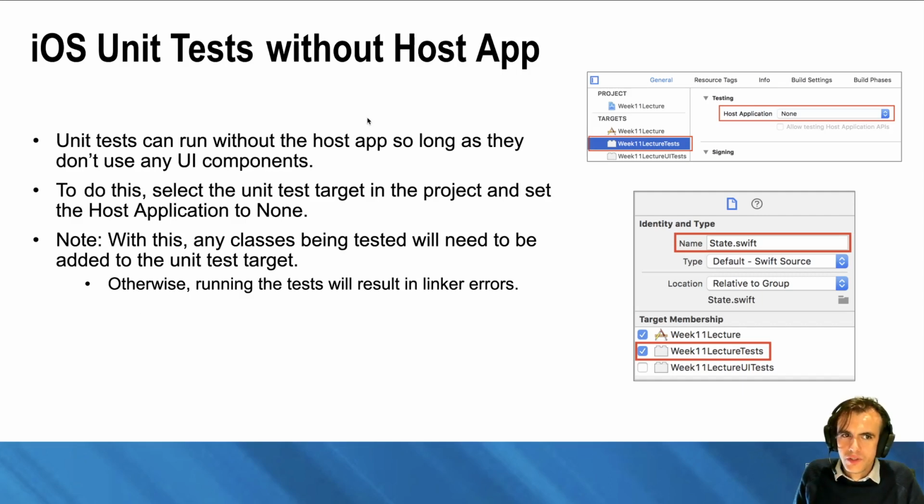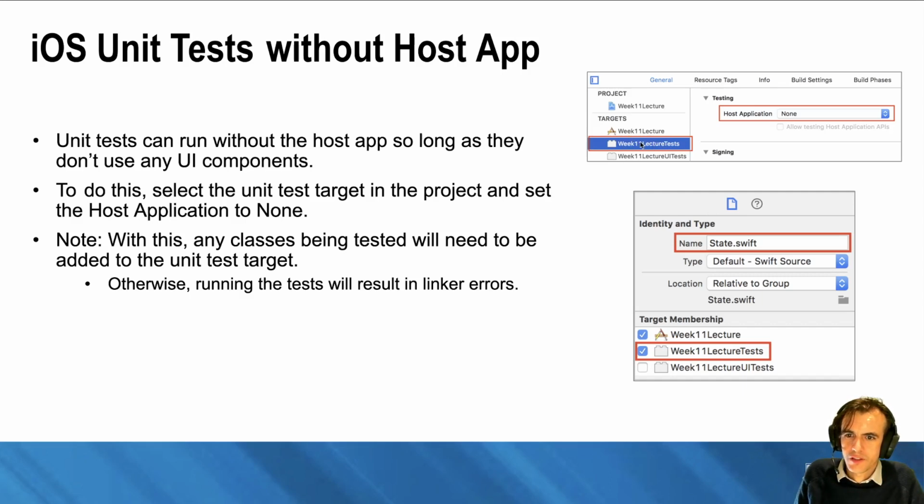How we do this is we set up one of these test targets, and under the testing settings, we just set the host application to none. Note when you do this, because our app automatically includes every Swift file in our project, this won't be the case for this particular test target.